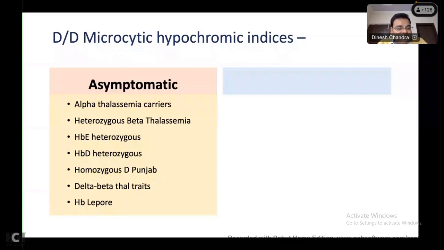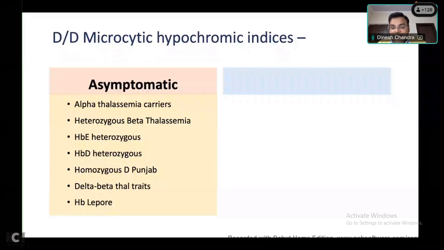Usually alpha thalassemia carrier, beta thalassemia carrier, heterozygous E, D, homozygous Punjab, delta beta thal trait, HP Lepore can present with all these classical RBC indices and microcytic hypochromic picture, but they are asymptomatic and do not require any treatment.